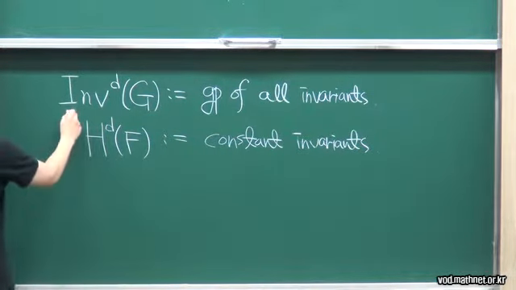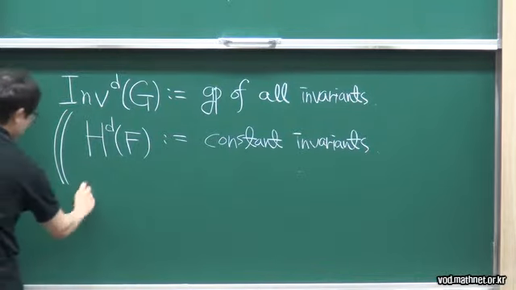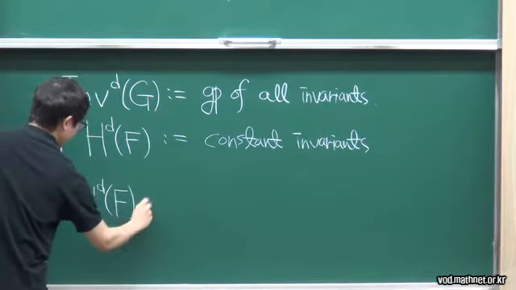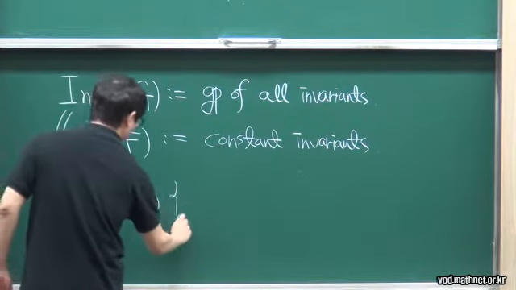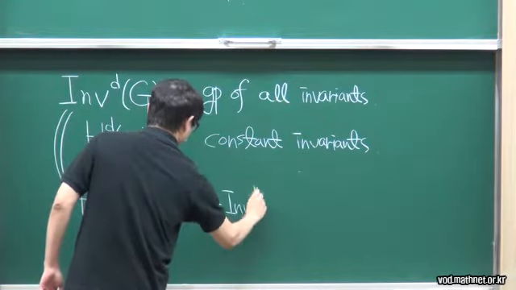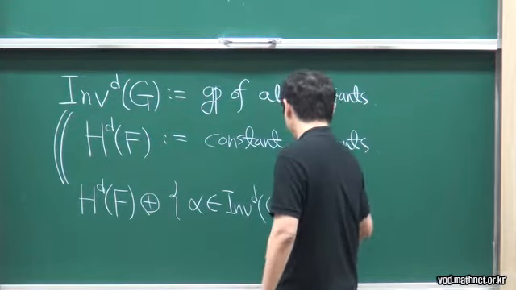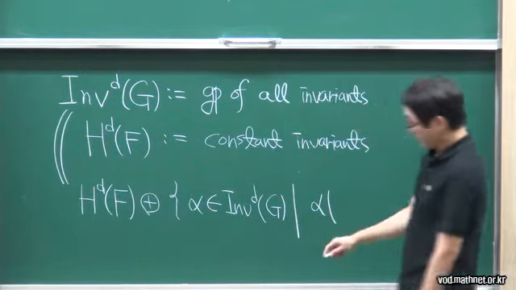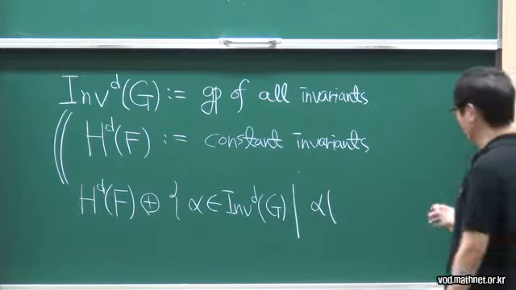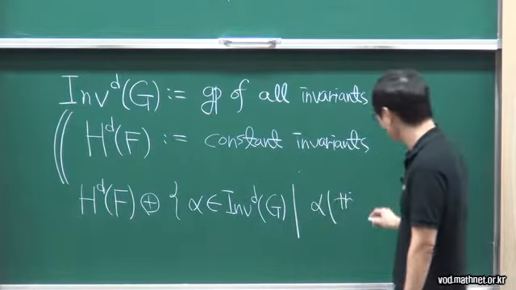And then we can normalize the group of invariants in this way: the invariants in degree d such that alpha maps every trivial cocycle or trivial torsor to 0, or distinguished elements go to 0.